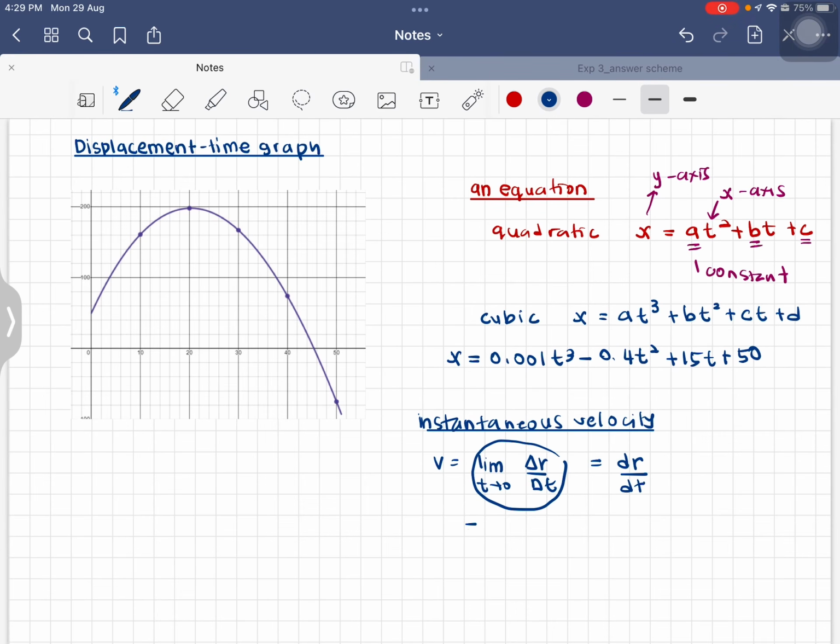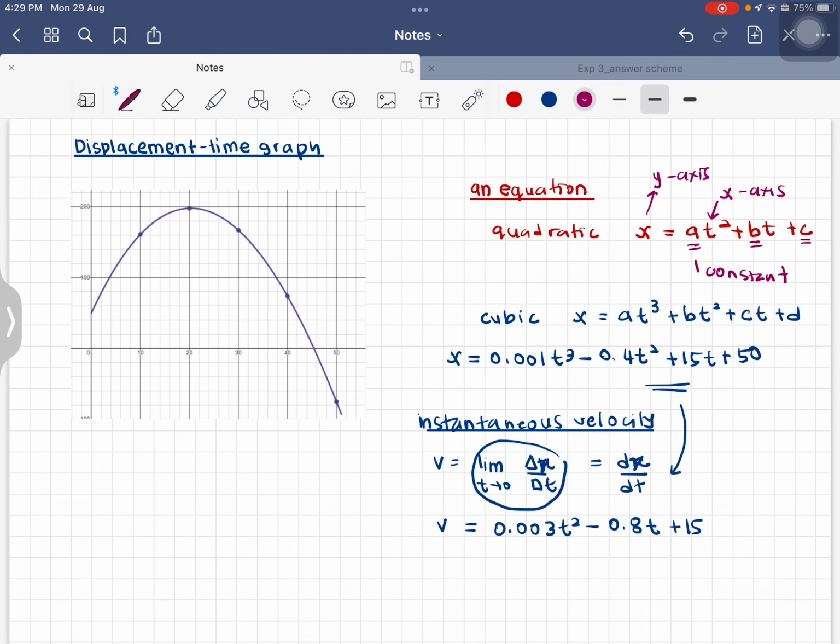So I will get our v by differentiating, it is using x kan, so saya akan guna x jugalah. By differentiating this equation with respect to t, I will get 0.003 t square minus 0.8 t plus 15. So this is my v from the equation above.